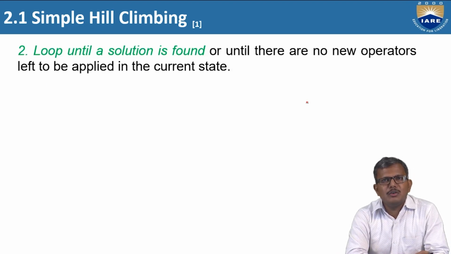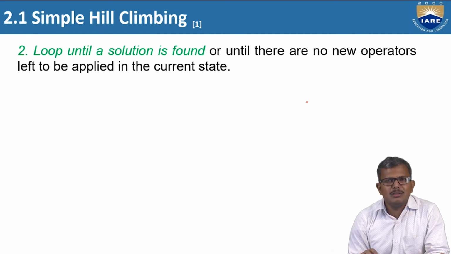In the second step, we are going to perform the looping. Just now, I said that looping is a very common point in each and every search process. We are going to perform the search until we reach the goal state. So in the second step of the hill climbing approach, loop until a solution is found. How to perform this loop? At each and every move, you have to keep on applying the operators.